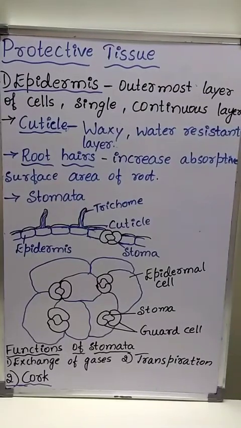Dear students, in the last video we discussed the structure and functions of two simple permanent tissues, that is collenchyma and sclerenchyma. In this class, let us discuss the protective tissues which are present in stems and roots.